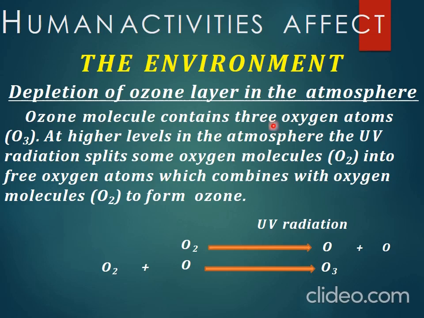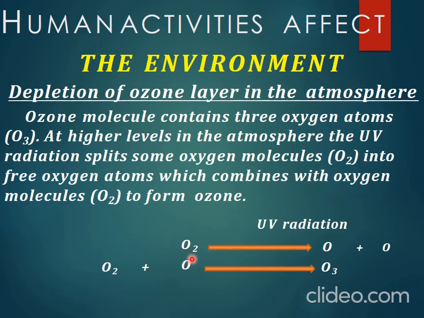Now, an ozone molecule contains three oxygen atoms, as we know; the formula is O3. At a higher level in the atmosphere, UV radiation splits some O2 molecules into free oxygen atoms, which combine with oxygen molecules to form ozone.